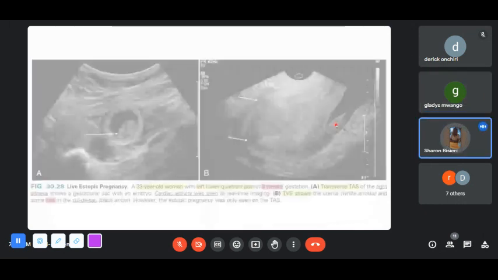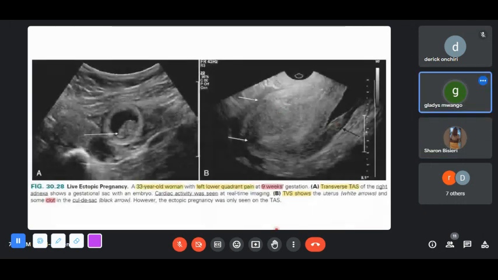And then you have the uterus with a very thickened endometrium. Okay, all right, thank you.